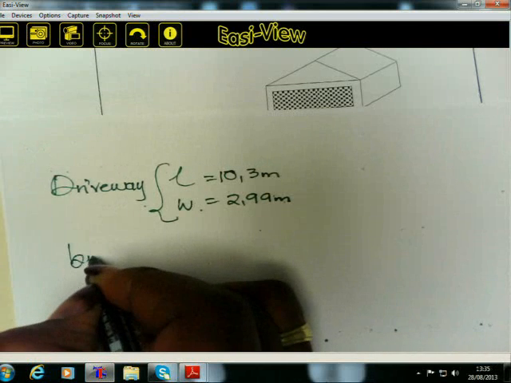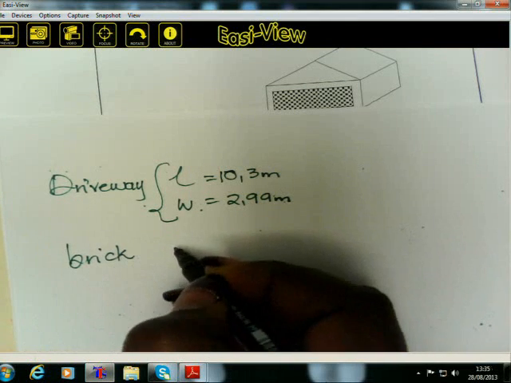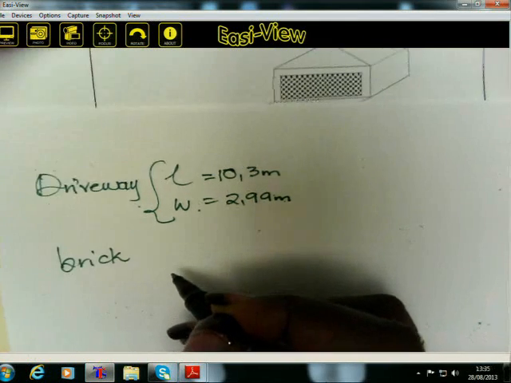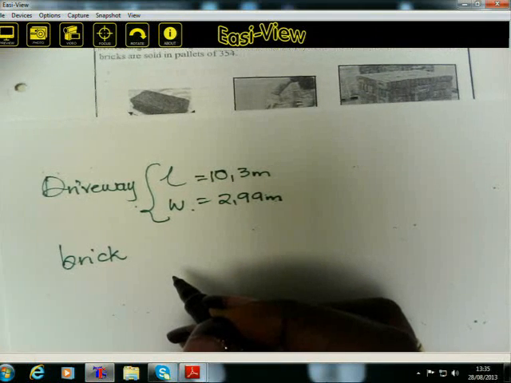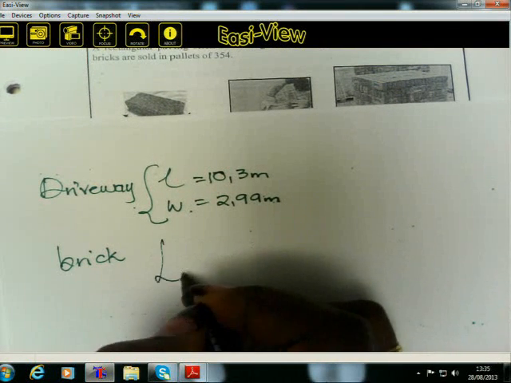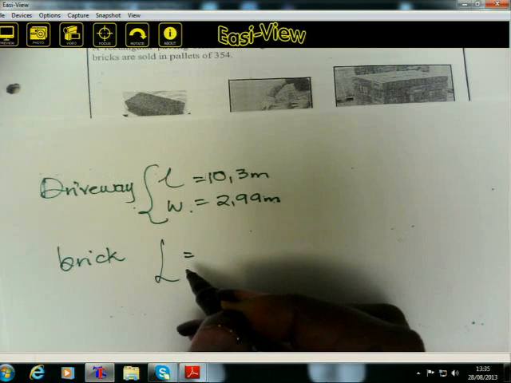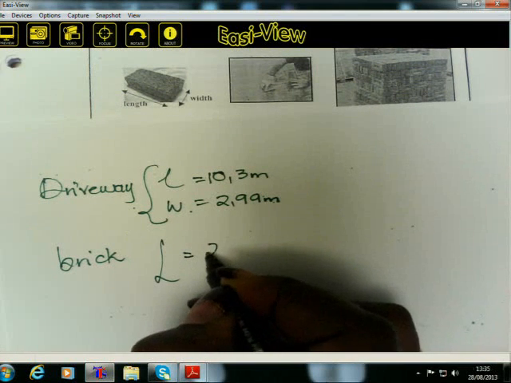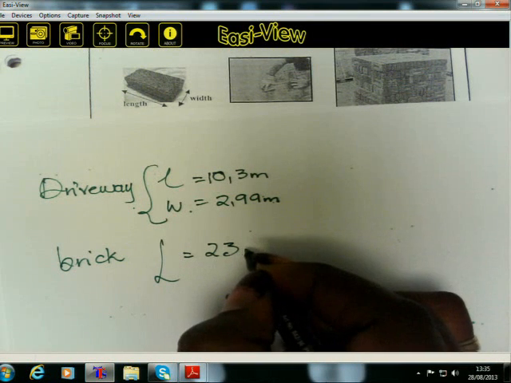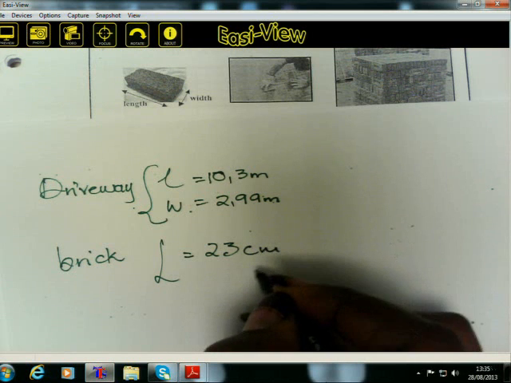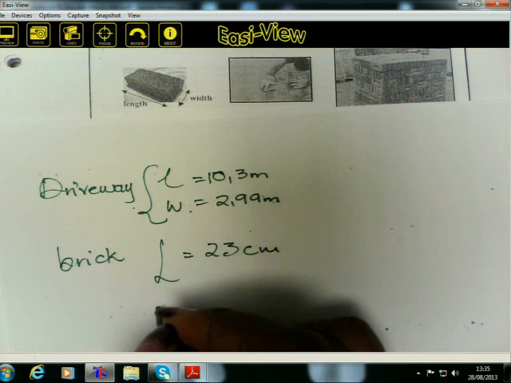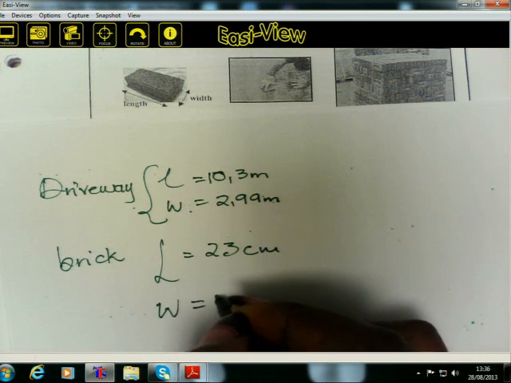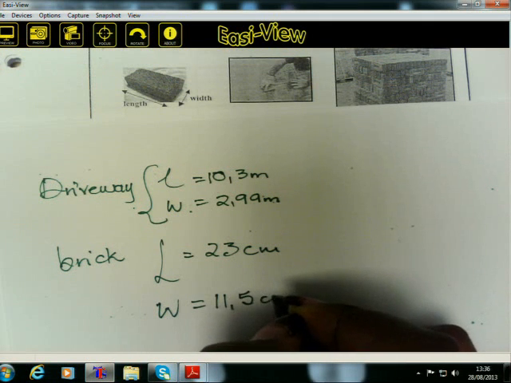And we also have the paving bricks. We are told that the paving brick length is equal to 23 centimeters and the width is equal to 11,5 centimeters.